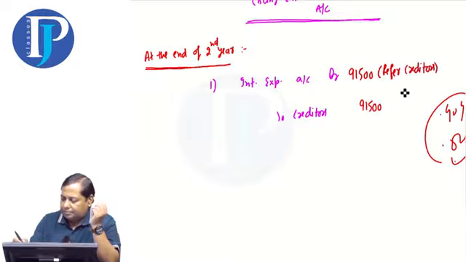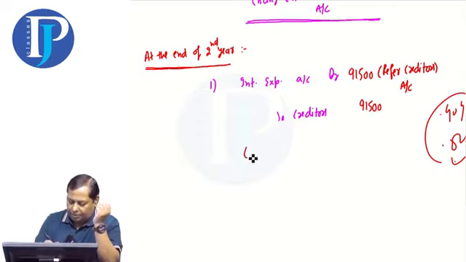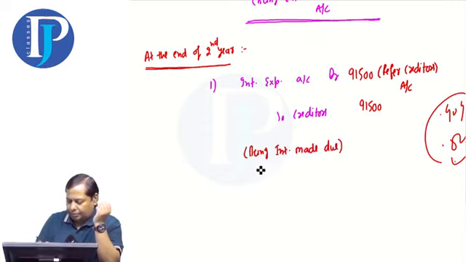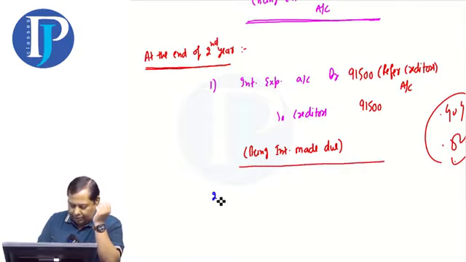Creditors account, I will show you how to make it. Interest made due. I will pass the second entry. Creditors account debit to bank.